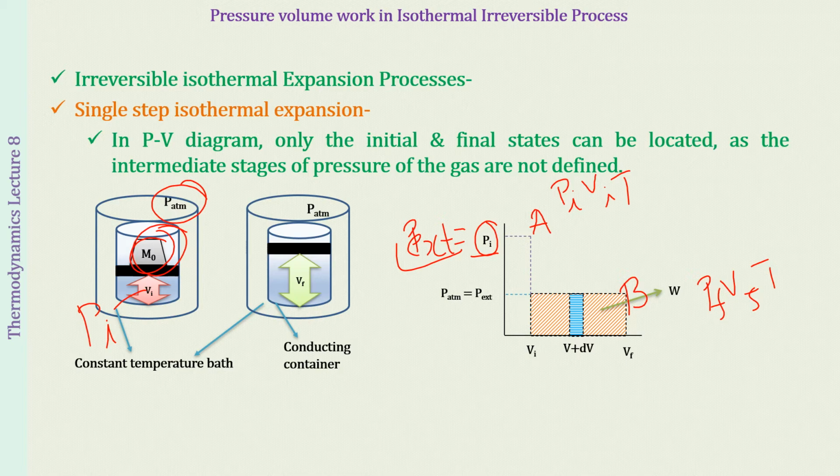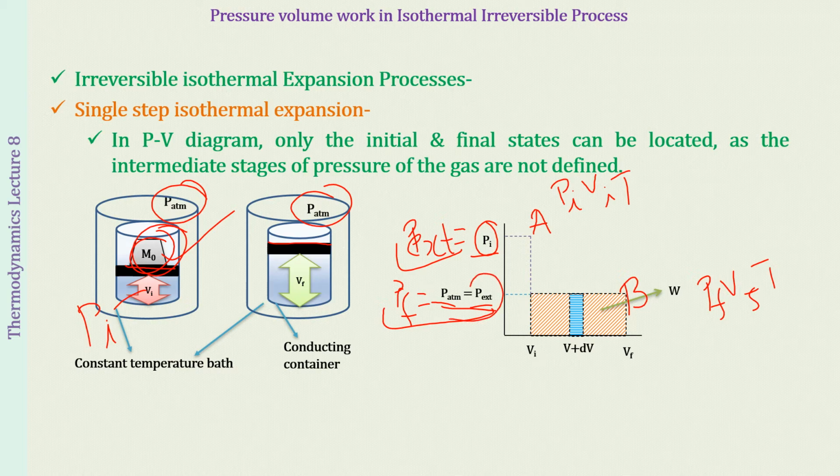Then what did we do? We removed this weight, and the pressure outside became only atmospheric pressure, right? This is P atmosphere, the P external that we have, and when the process is completed, P final is also going to be equal to this, which we've just now discussed. So this is what we have at the final state. So when the piston is going to move from this position to this position, what is going to be the pressure?